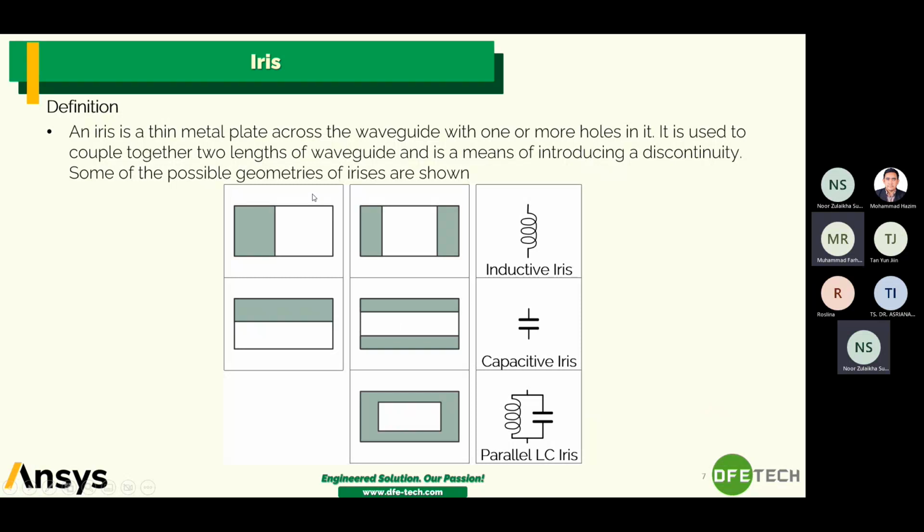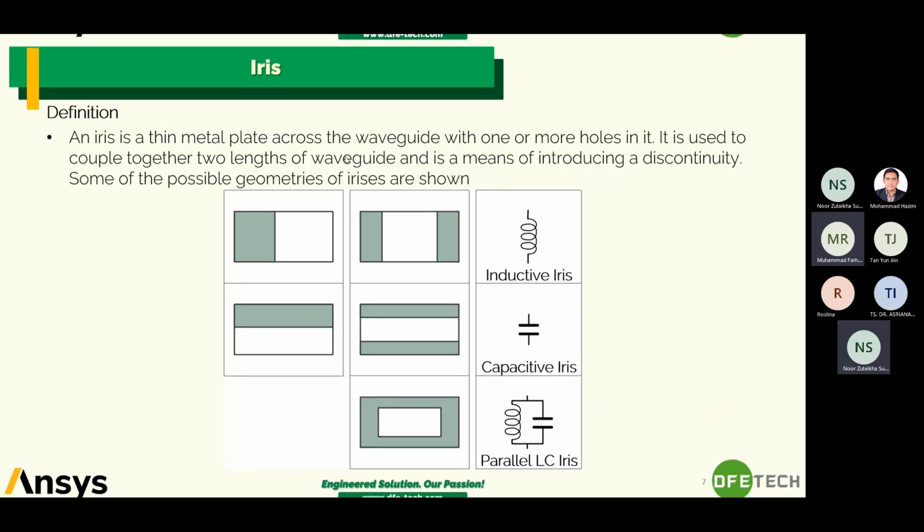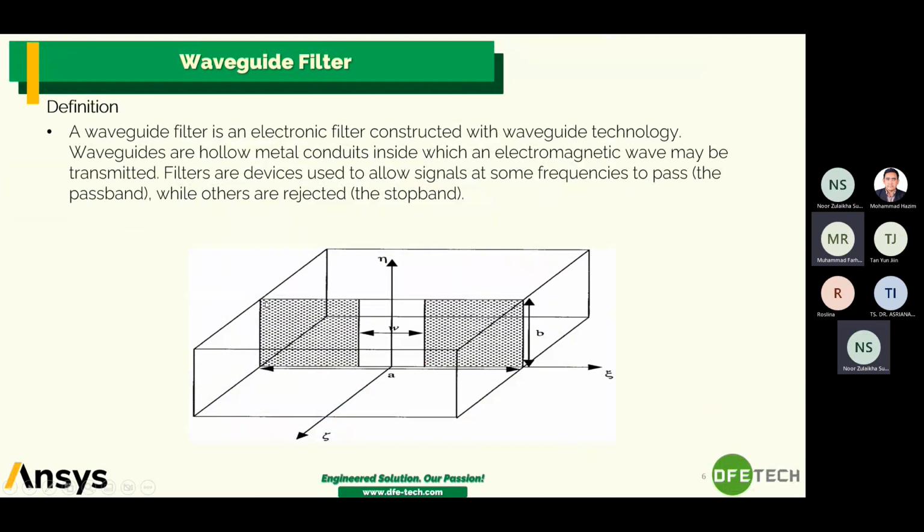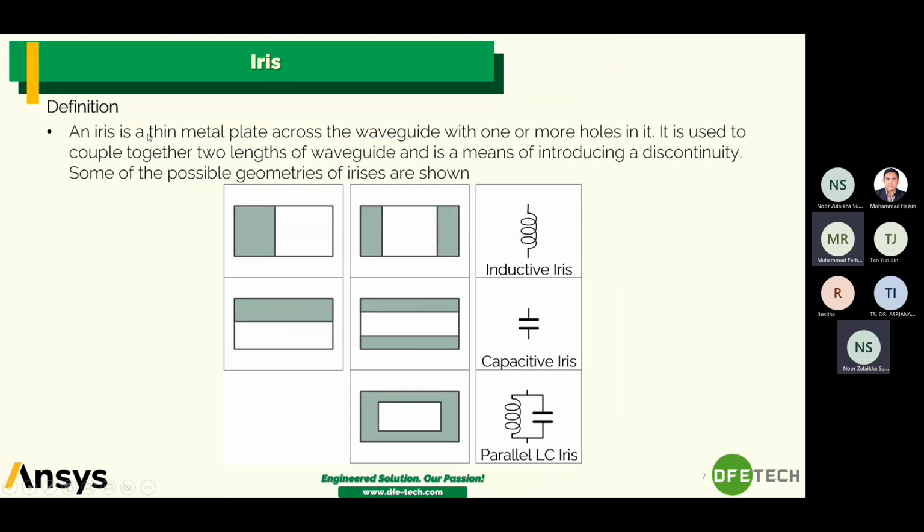Inside the waveguide filter, there are irises, which are these metal sheets. An iris is a thin metal plate across the waveguide with one or more holes in it. It is used to couple together two lengths of waveguide and is a means of introducing a discontinuity. Some of the possible geometries are shown.